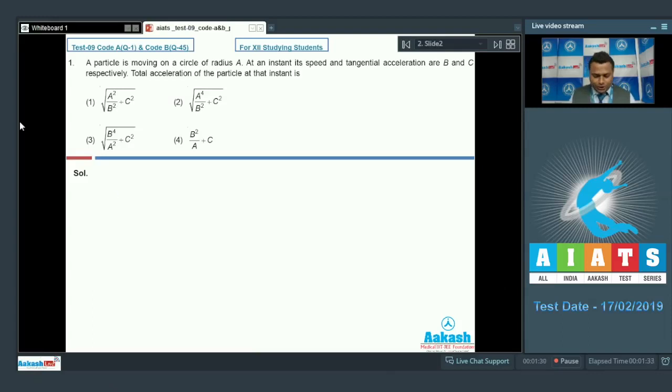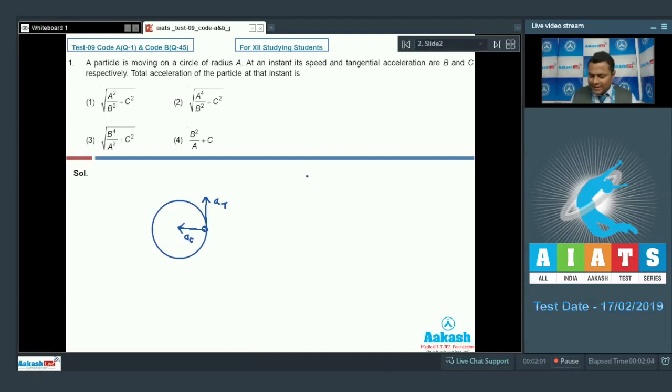So, the question belongs to non-uniform circular motion, and we know very well that in non-uniform circular motion we have two accelerations. One is due to the circular motion, that is centripetal acceleration acting always toward the center of the circle, and the other is tangential acceleration which acts in the tangential direction.